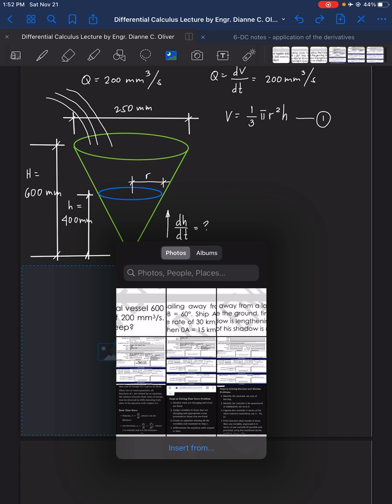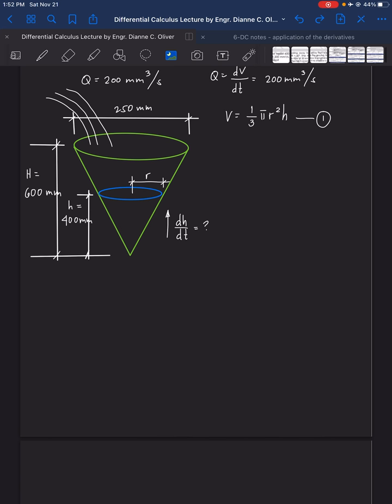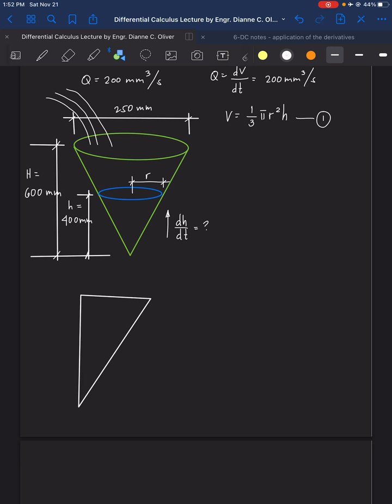We can use a similar triangle theorem again, because if you look at this intently, this is the cross section of this conical vessel, this cone.